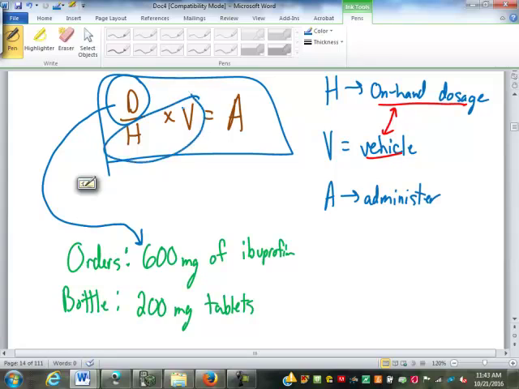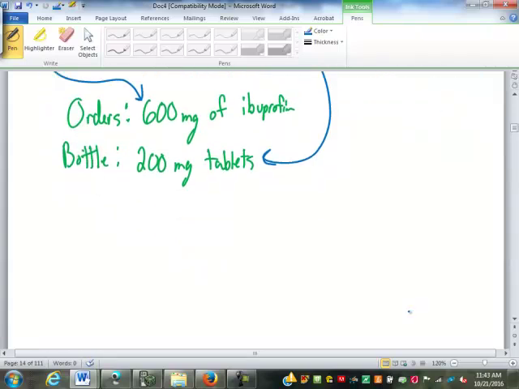H and V come from the label on the bottle. Let me show you what I mean. So D is 600 milligrams. H, or on-hand dose, as I said, the on-hand dose and the vehicle come from the label on the bottle.